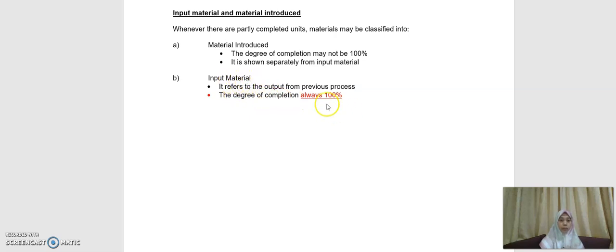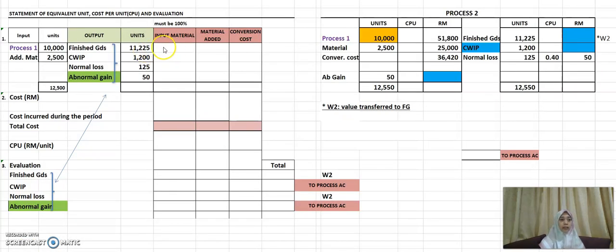For your input material, the degree of completion will always be 100% complete. Here you will have finished goods, and your finished goods will always be 100% complete for all these items. For your closing WIP, the input material must be 100% complete, so it is 1,200.